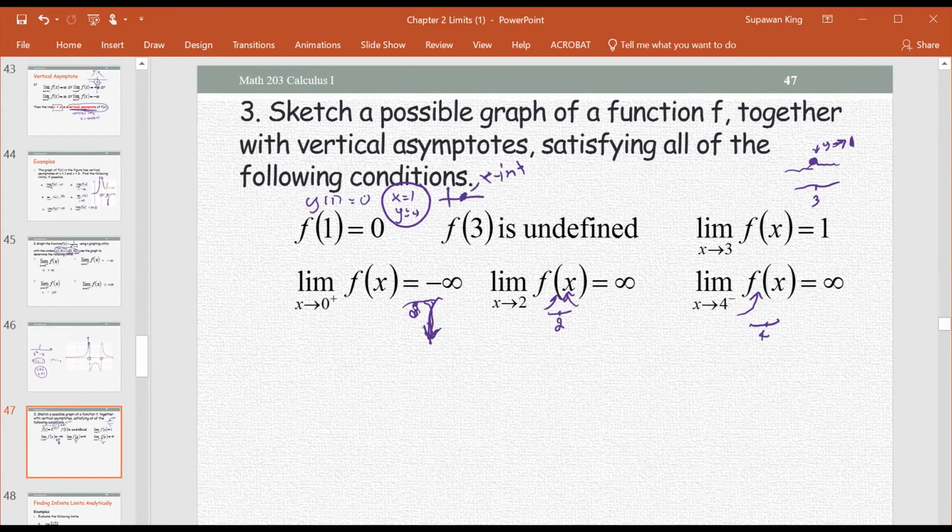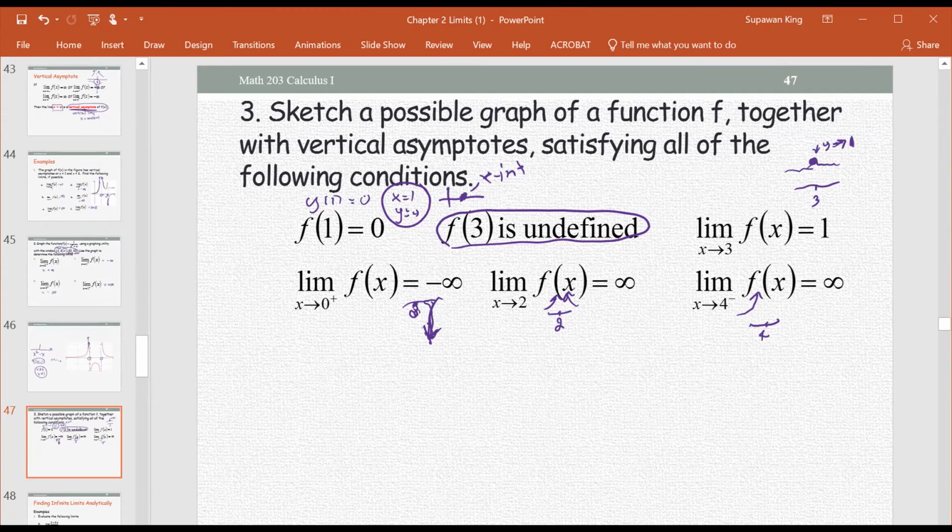The x-intercept. Okay, and then the middle piece here, f at 3 is undefined. Undefined means you cannot identify the value on the graph at x equals 3. One of the cases that we looked over when we did 2.2, remember the 3 cases when we look at the graph: either the graph is connected, or the graph is not connected with a jump somewhere, or there is a hole.